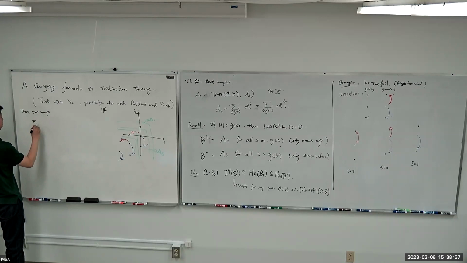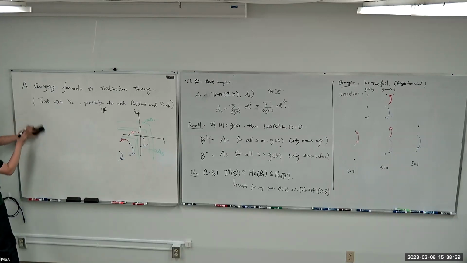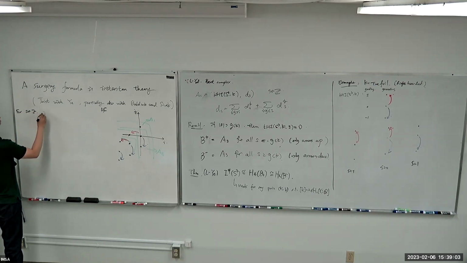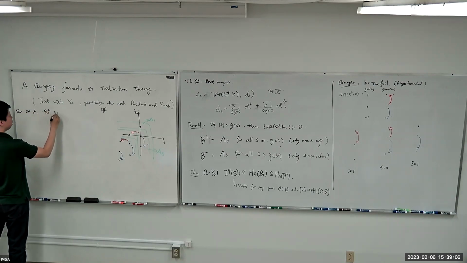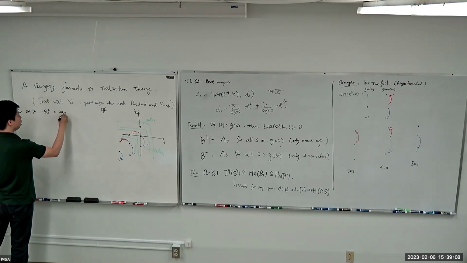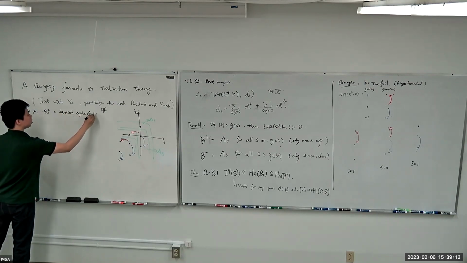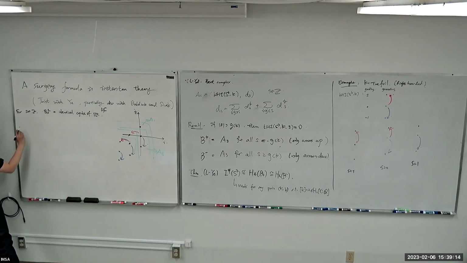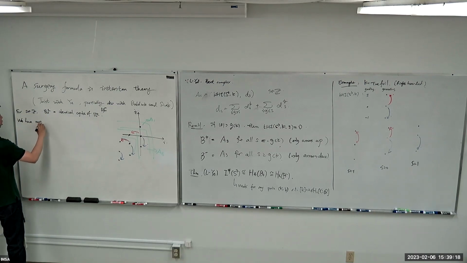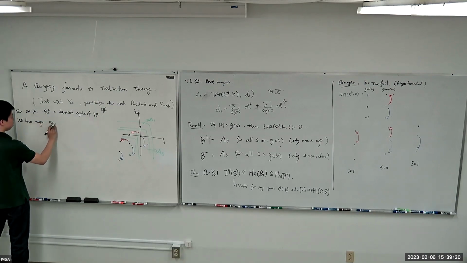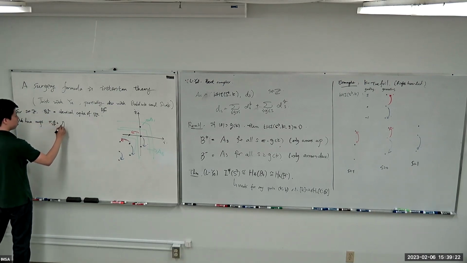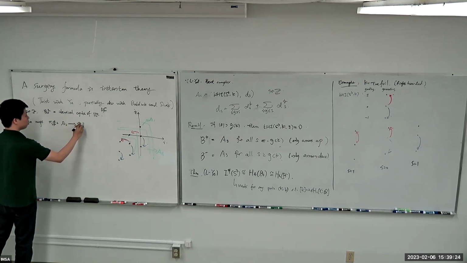For S in Z, B_S plus and minus are identical copies of B plus and minus. And so we have maps pi plus/minus sub S, going from A_S to B_S plus/minus.